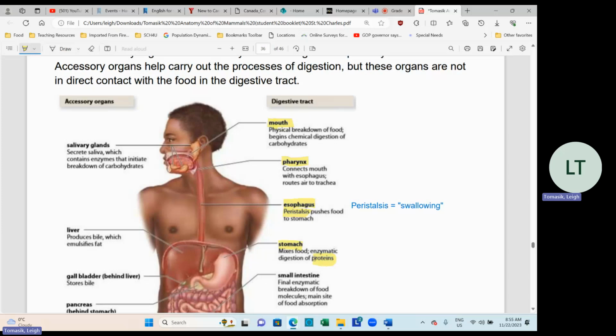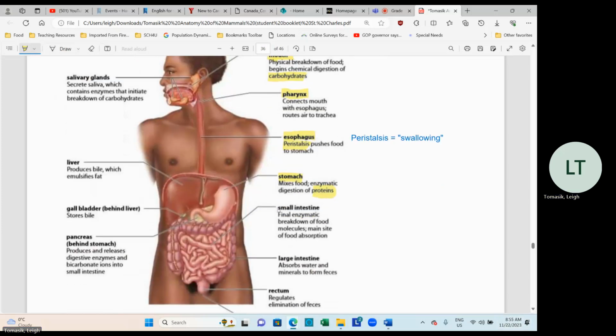So you start digesting carbohydrates in the mouth, you start digesting proteins in the stomach, and then everything finishes up in the intestine. So the intestine has enzymes to break down everything. So it can break down carbohydrates, lipids, and proteins, right?